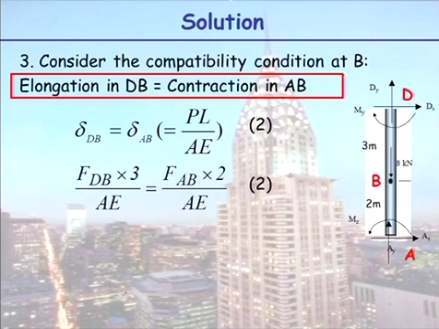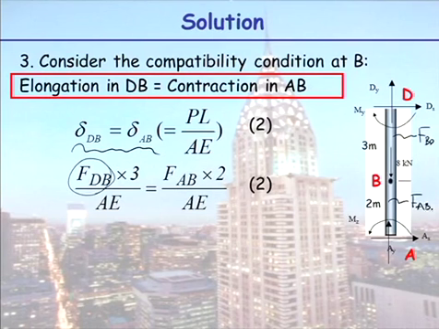And our compatibility here would say that the elongation in our top part, dB, is equal to our contraction in AB. So these two deformations are the same. So now when we write them in terms of PL on AE, we put the corresponding P force as the internal member force, because the force in here is force BD, and the force in here is force AB.